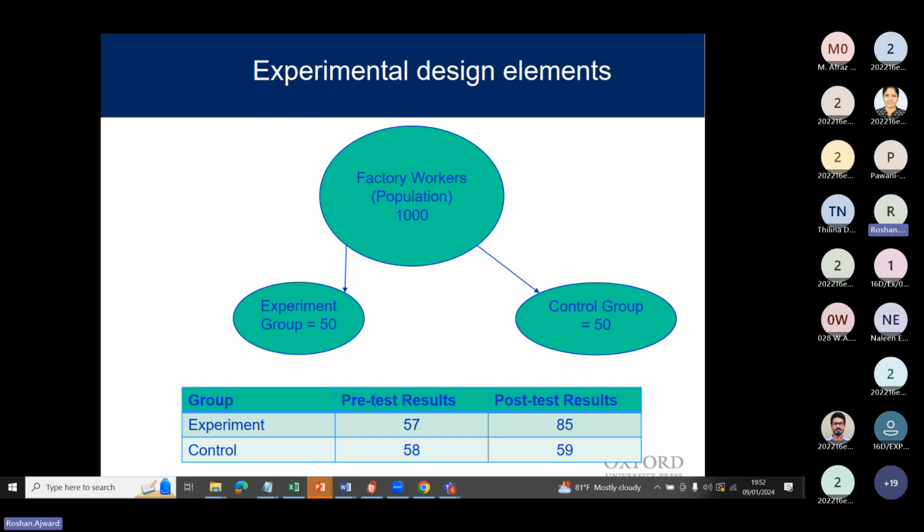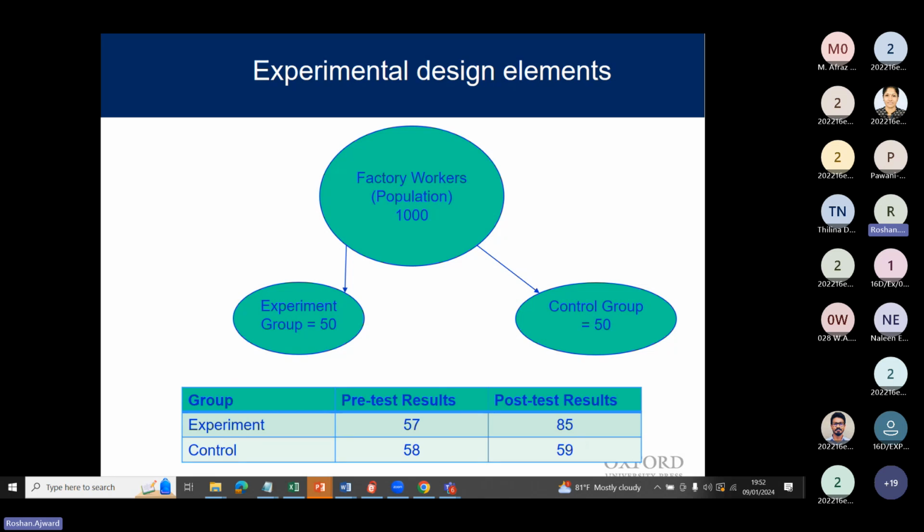You can see very well the experimental group jumped from 57 to 85 after training. But the control group was not given any training, so there's no difference, 58 and 59. There's no significant difference. And if you compare the post-test results itself, 85 and 59 is substantially different.